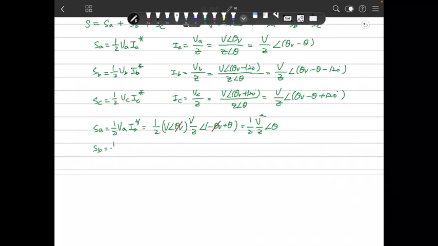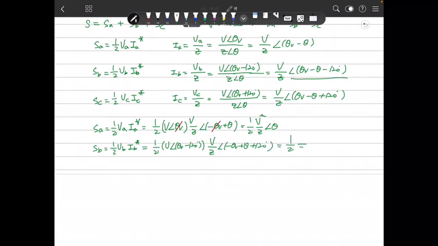The same way, half VB IB conjugate: there will be half VB, V∠(θV − 120), and IB conjugate is GV∠(−θV + θ + 120 degrees).